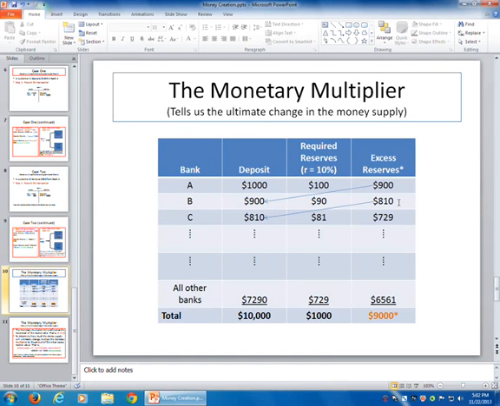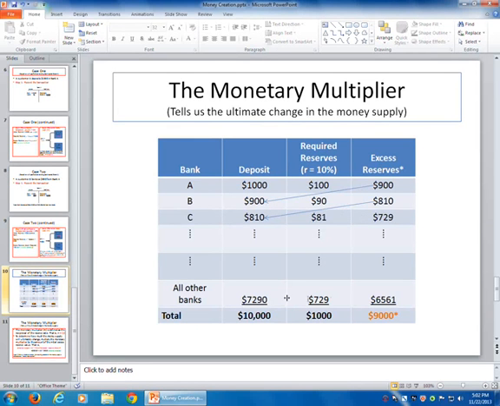Bank B will try to loan out the excess reserves. Once it's loaned out, it'll get spent and redeposited in, say, another bank, such as Bank C. Once the $810 is deposited in Bank C, 10% of it, or $81, will go into Bank C's required reserves. The difference, $729, will go into Bank C's excess reserves, and the process will continue.